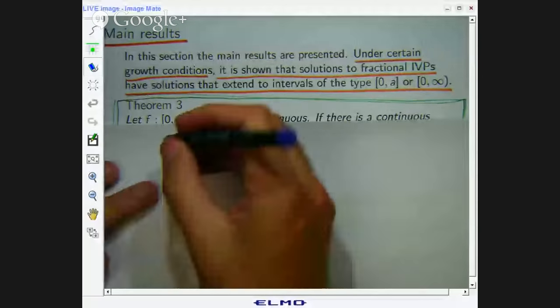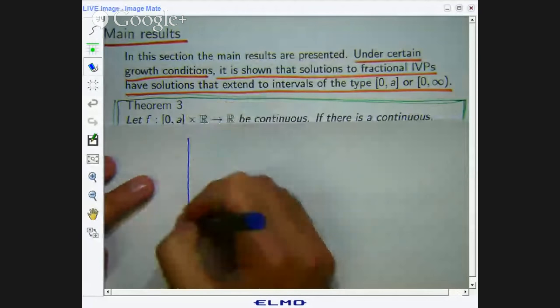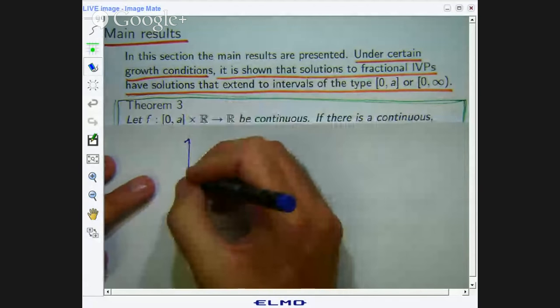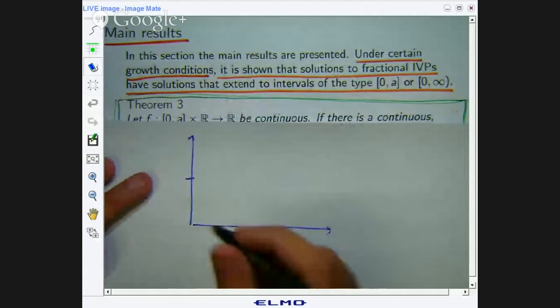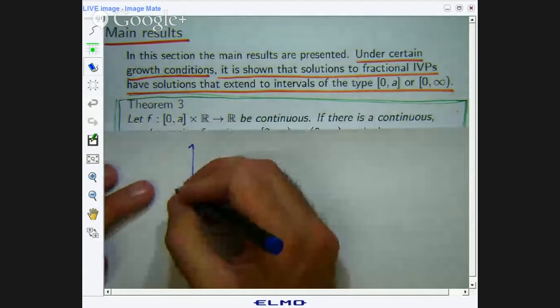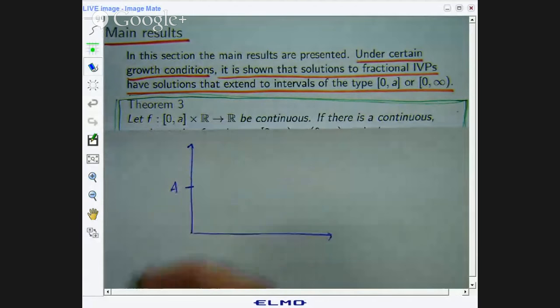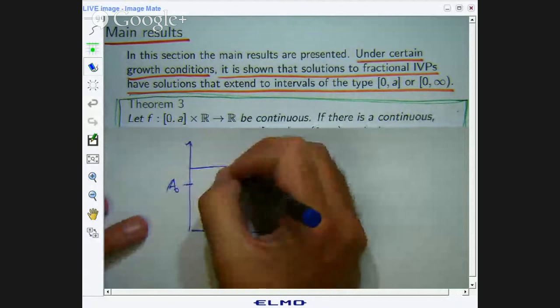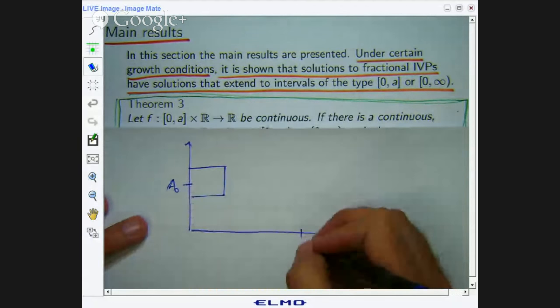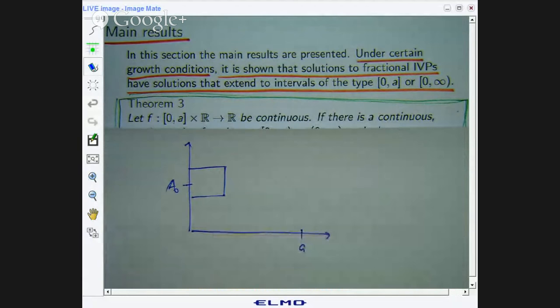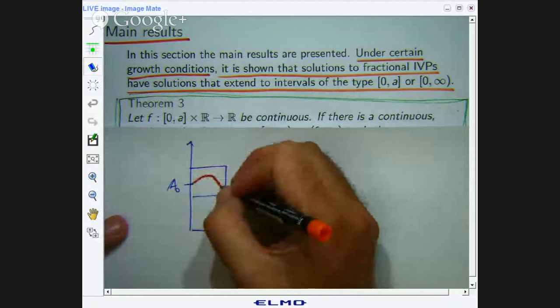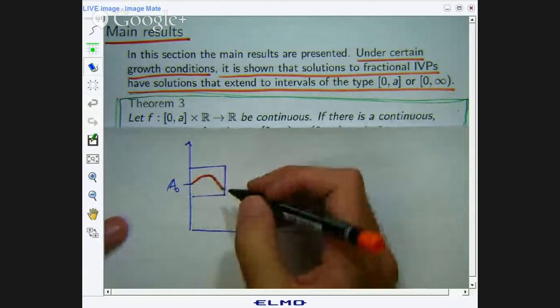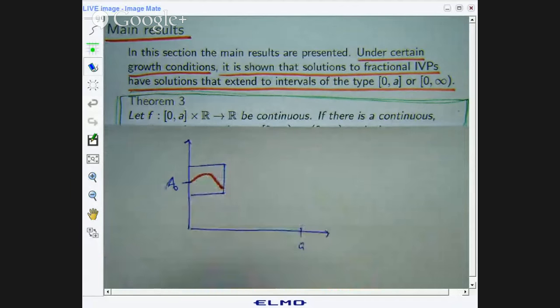Basically, if I draw a little picture here, what we're going to do is start here, and let's say we're at a naught. I'm going to draw a little rectangle around there. And I know from Theorem 1 that there's a solution that stays in this rectangle.